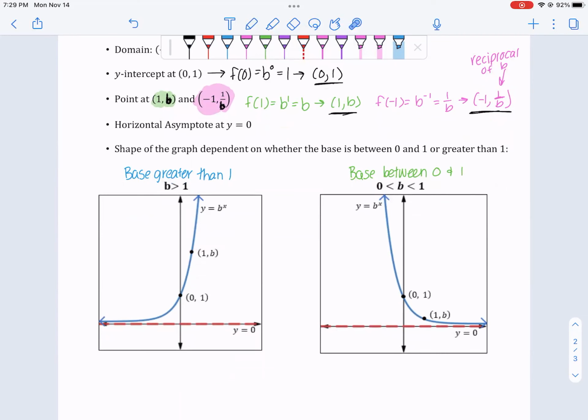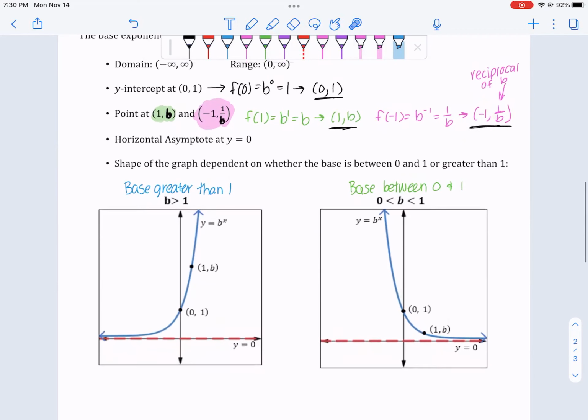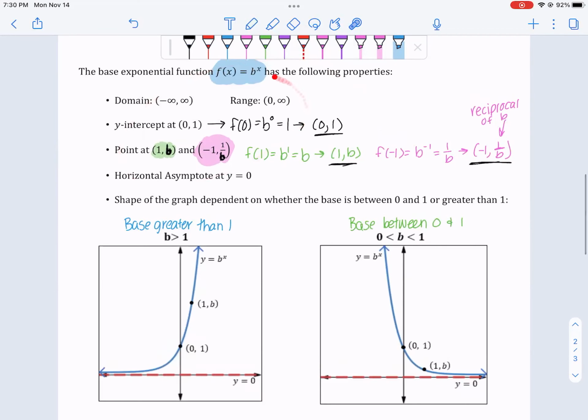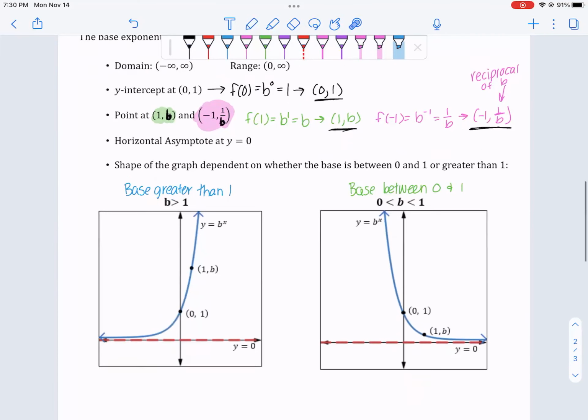Base greater than 1, base between 0 and 1. Now, I mention this, especially these points, because it's really important. I can give you just a basic graph, and I can then give 3 points immediately on it.